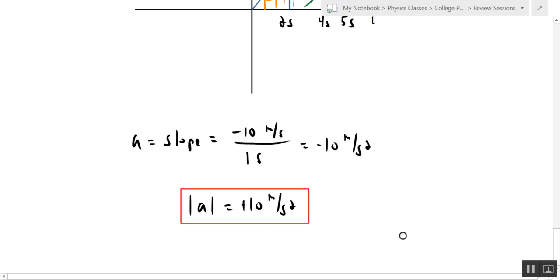All right, what other questions? Yeah. Will we have any questions on position versus time? Just conceptual things, like, if you give an x versus t, you can approximate the instantaneous velocity. Remember, it's just a tangent line.